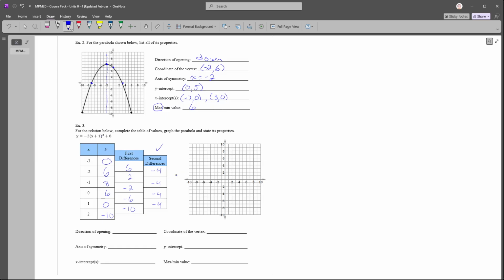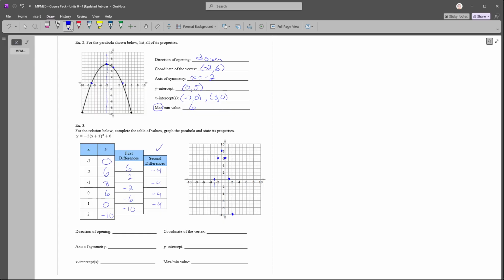So let's actually graph it in. So -3, 0. -2, 6, all the way up here. -1, 8. And then we have 0, 6. Oh, we flipped directions. And then we have 1, 0, and 2, -10, all the way down here.